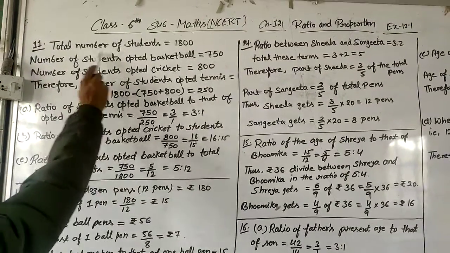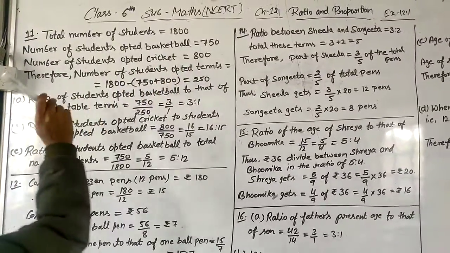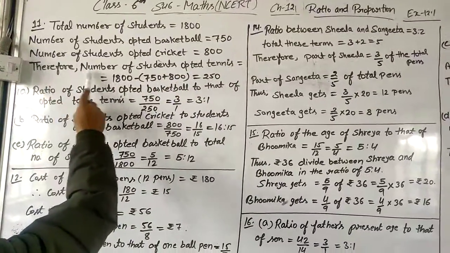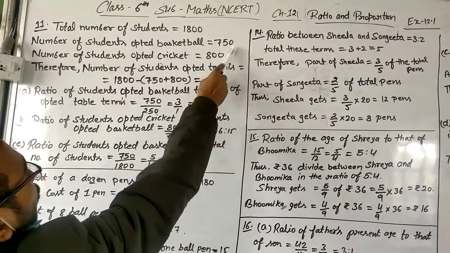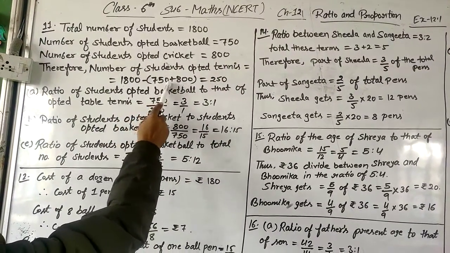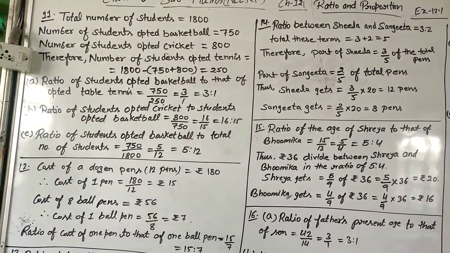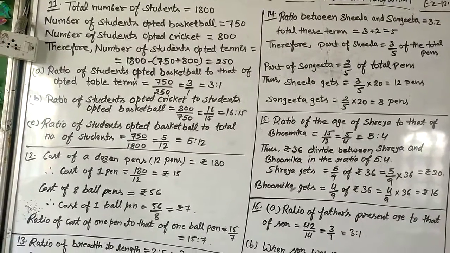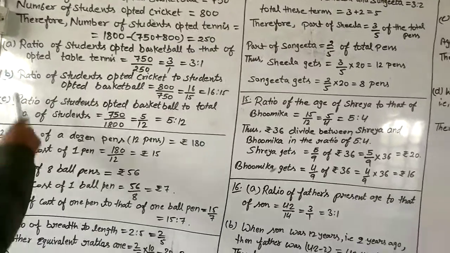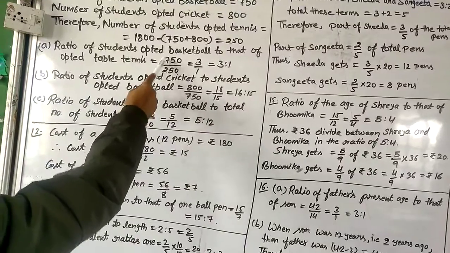First, total number of students is 1800, basketball 750, cricket 800. Therefore, the number of students who opted for table tennis: we add both games and subtract from 1800. 1800 minus (750 plus 800) gives 250 opted for table tennis. So the ratio of students who opted for basketball to table tennis is 750 upon 250.